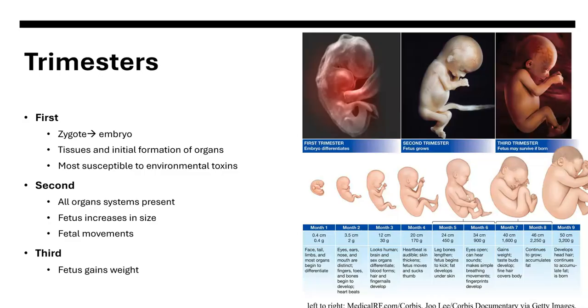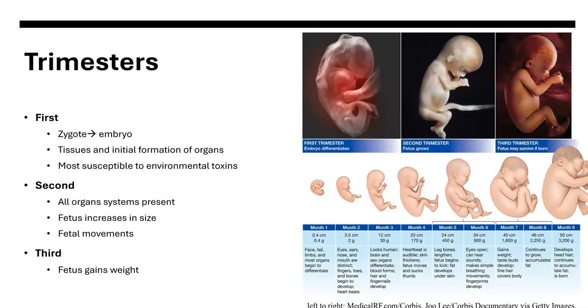This is when the mother might feel fetal movements, when she might feel the baby kicking. That's not to say that she may not feel movements during the first trimester. Sometimes people say they feel a kind of fluttering, but this is the more physical baby kicking that people can feel.